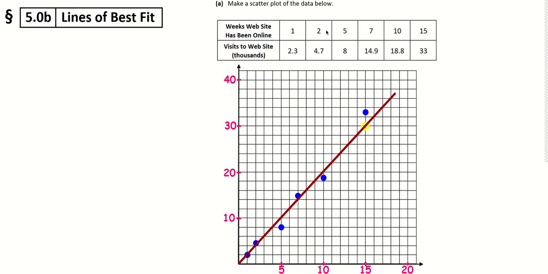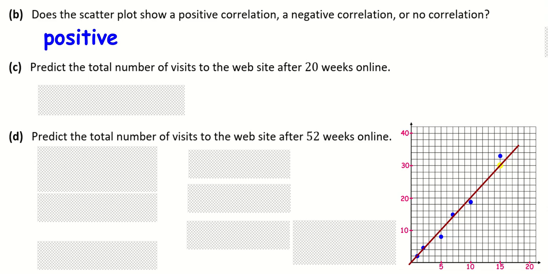So based on this data, based on the pattern of the points, maybe even the pattern of the line, what would have to be your prediction for the total number of visits after 20 weeks? Remember, weeks is this axis. So 20 weeks is, look, right here.